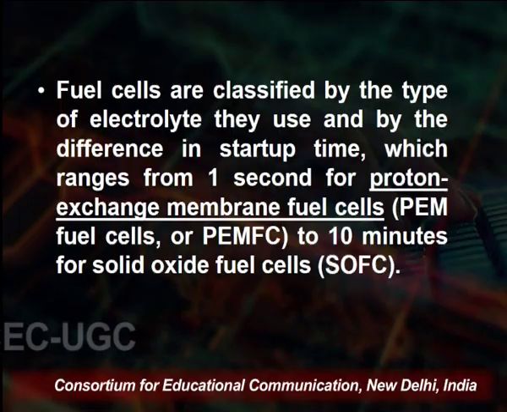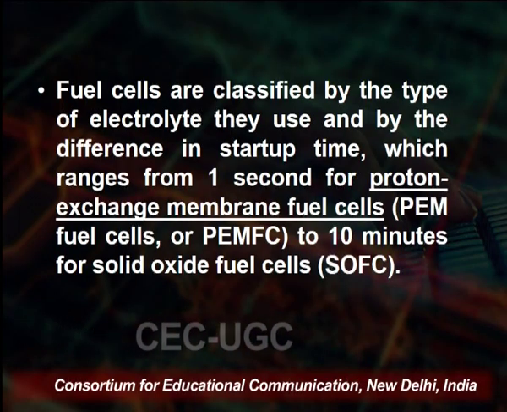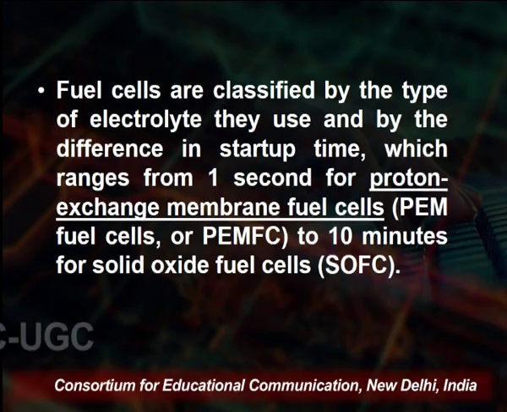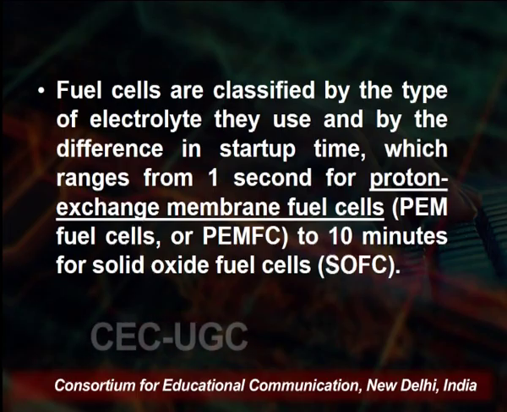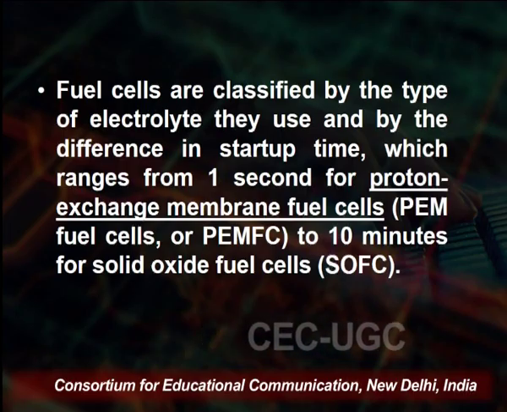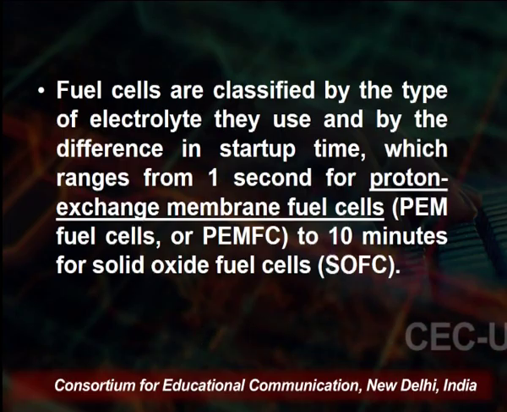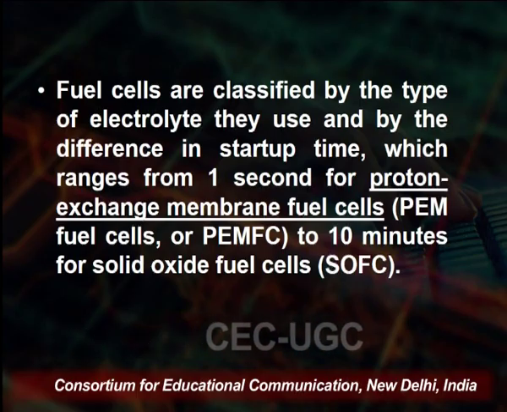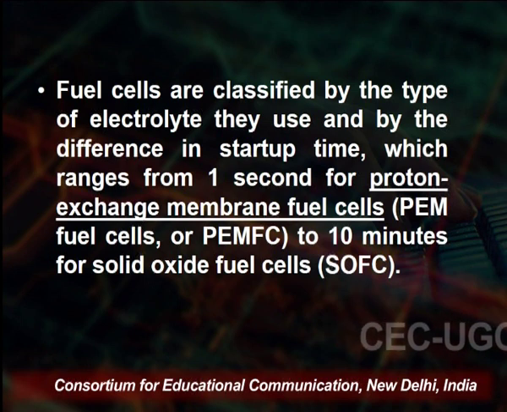Fuel cells are classified by the type of electrolyte they use and by the difference in startup time, which ranges from 1 second for the proton exchange membrane fuel cell to 10 minutes for the solid oxide fuel cell, SOFC. This means we can classify fuel cells on the basis of their startup time as well as on the basis of the type of electrolyte we are using.